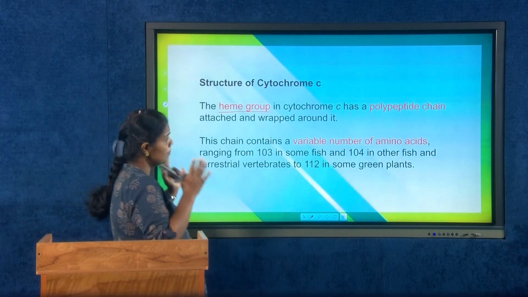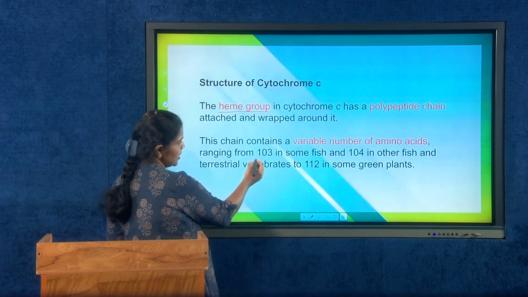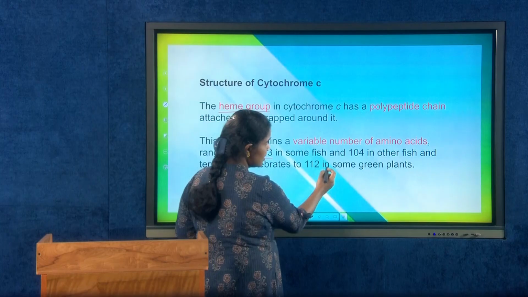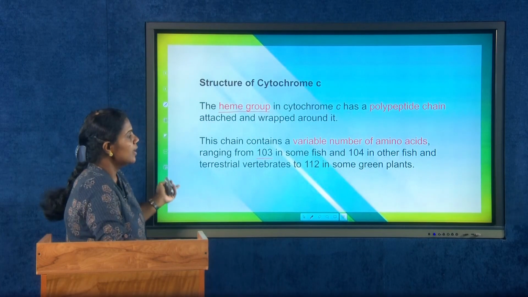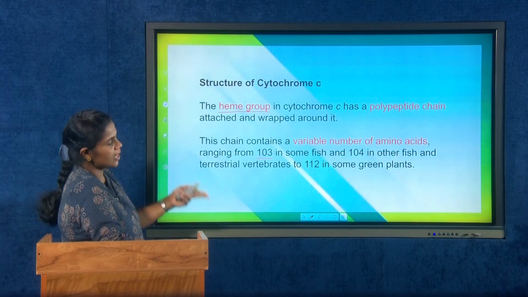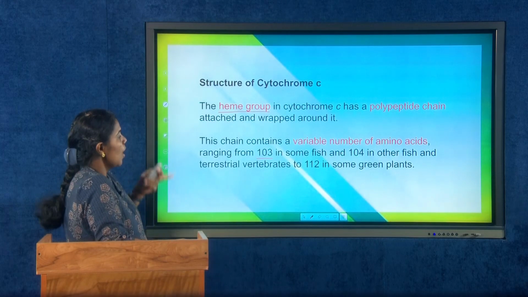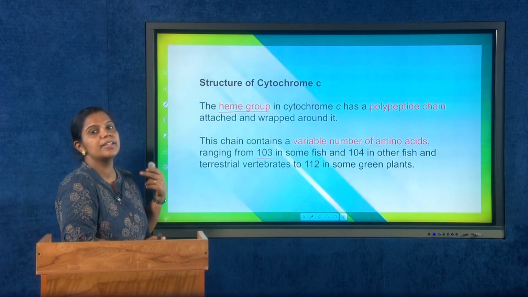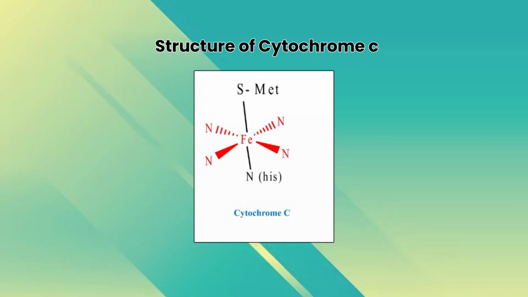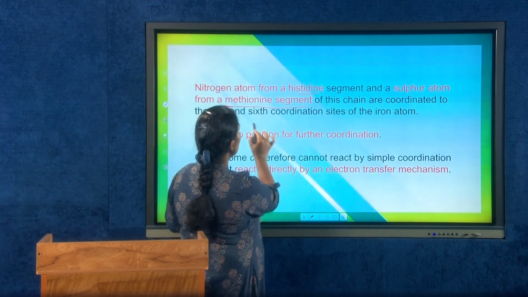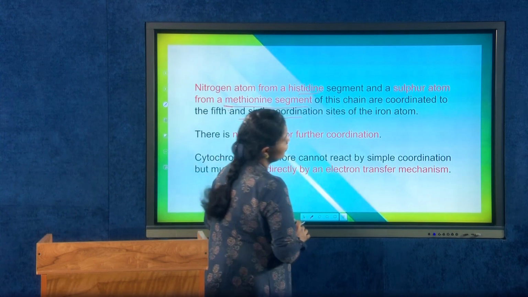It has a number of amino acids ranging from 103 in certain fishes, 104 in another type of fishes, and in each category of animals, the number of amino acids that form cytochrome C is different. It has a nitrogen atom from the histidine segment and a sulfur atom from the methionine segment in this chain, and they are coordinated to the 5th and 6th coordination positions of the iron atom.